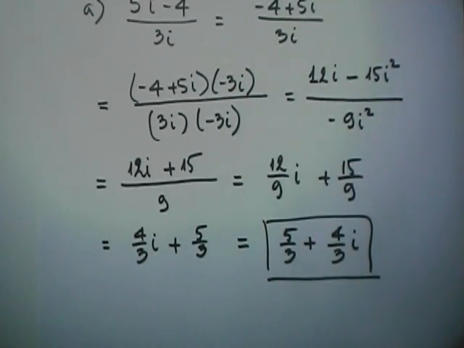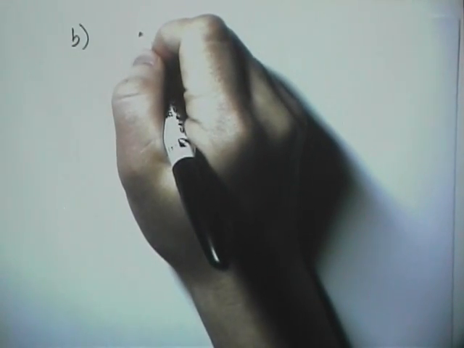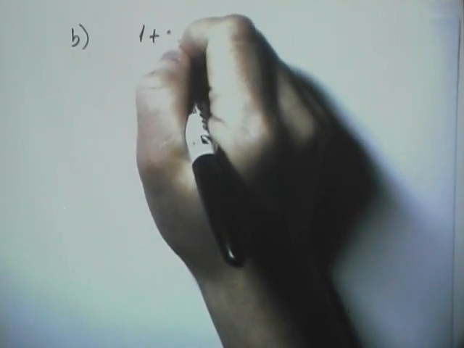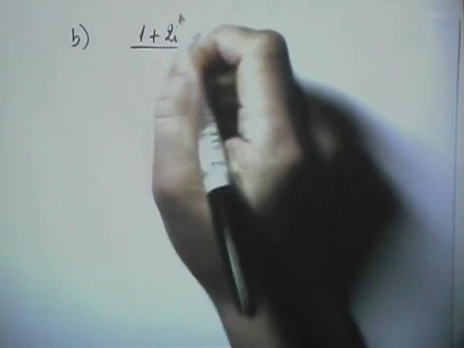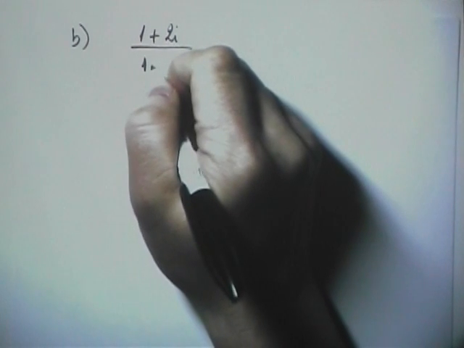So let's look at another problem in this example 2. Part B: once again we want to divide 1 plus 2i by 1 minus i.